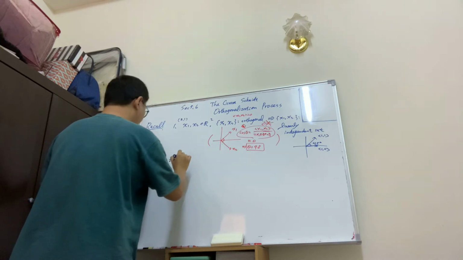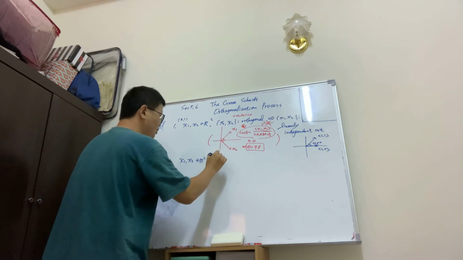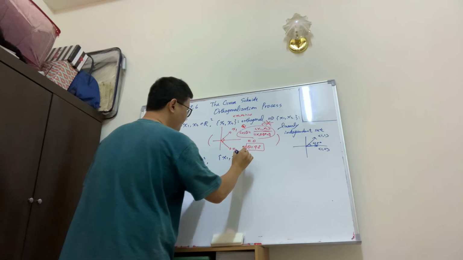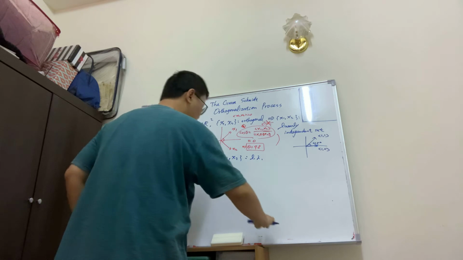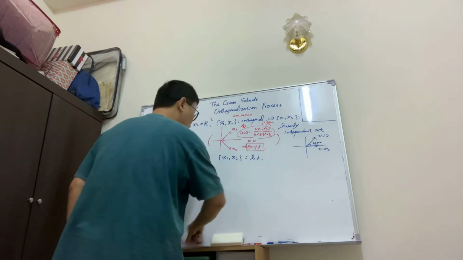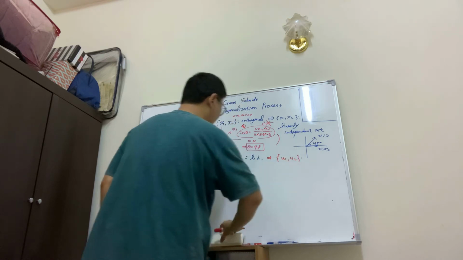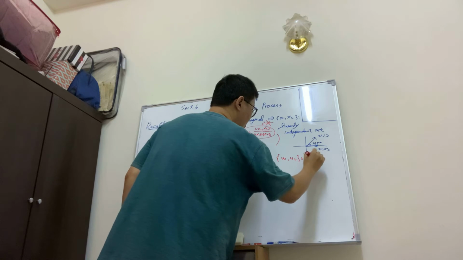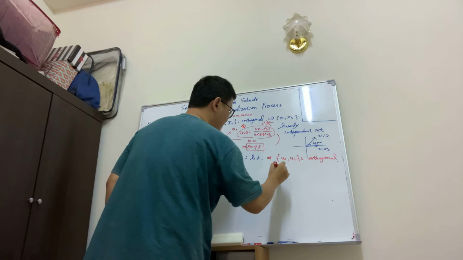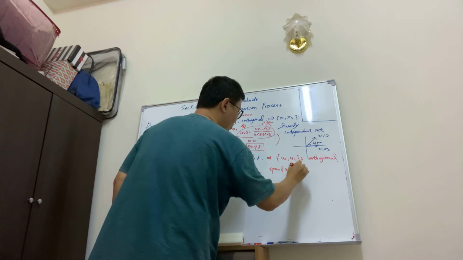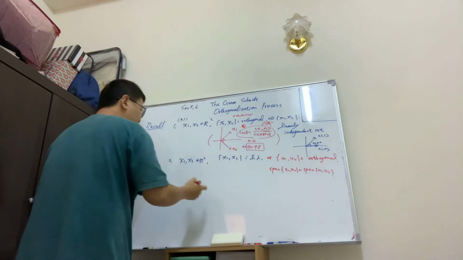So, the second step. We have two vectors x1, x2 belonging to R2, and we know they are linearly independent. We want to find two vectors u1, u2 such that they are orthogonal, and span{x1, x2} equals span{u1, u2}.